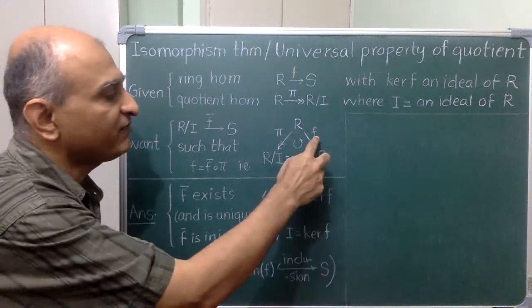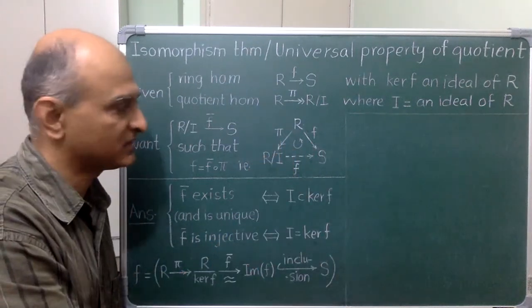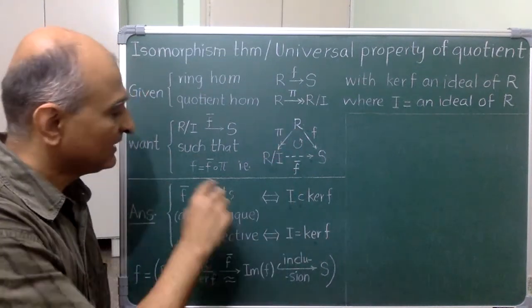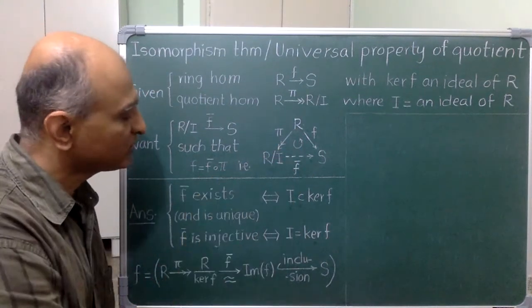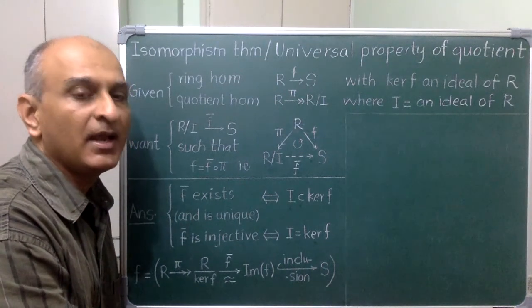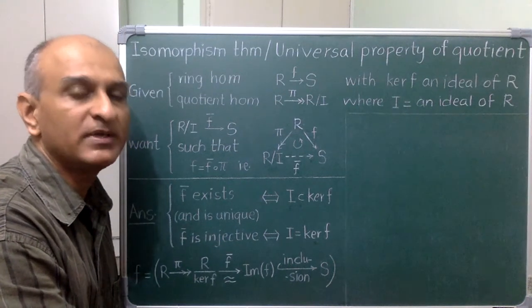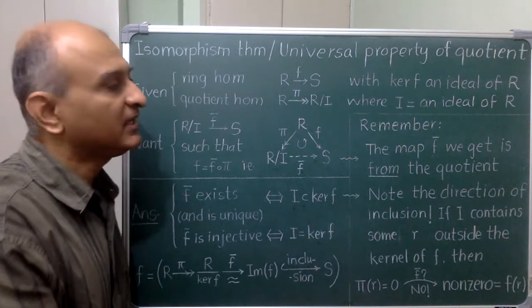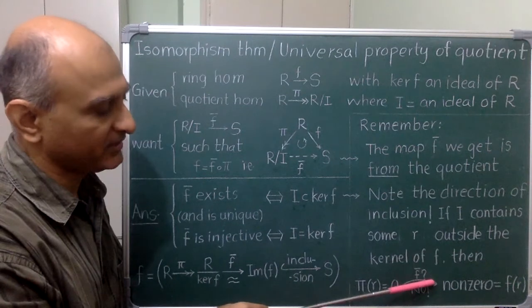But F and pi are both ring homomorphisms and pi is surjective. So you should check that this equation forces the definition of F bar and also forces F bar to be a ring homomorphism.